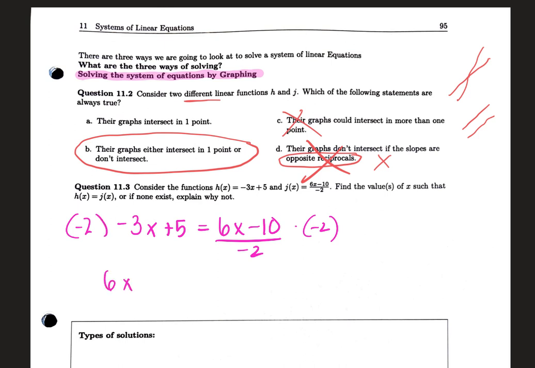So that gives me 6x plus, no it doesn't, 6x minus 10 equals 6x minus 10. And if I subtract the 6x over, I get -10 equals -10. So that's kind of interesting because those were the same line. There were an infinite amount of points here.